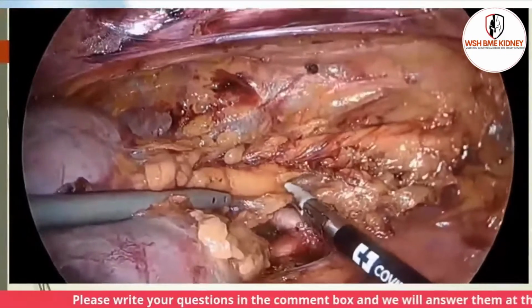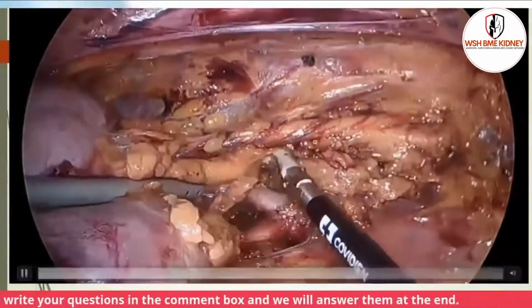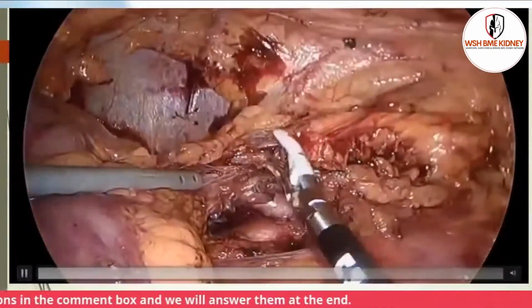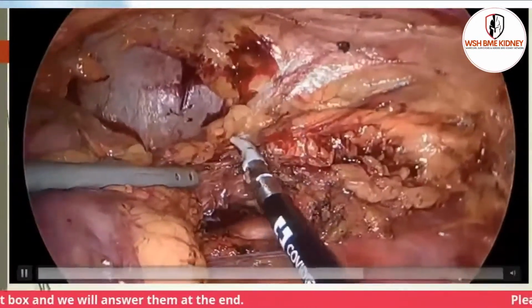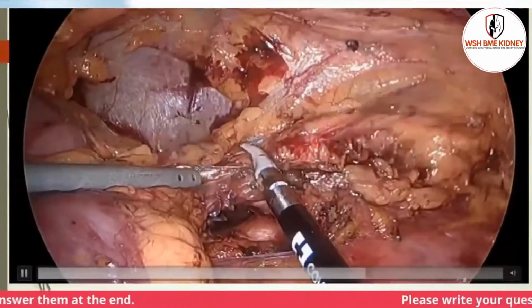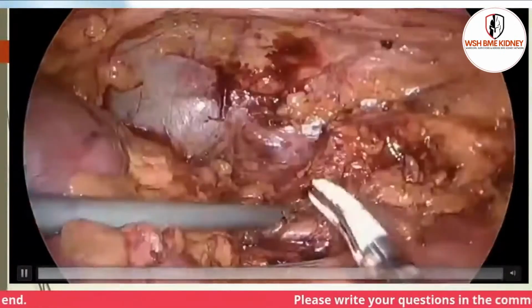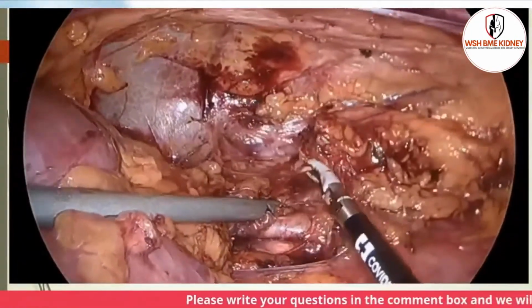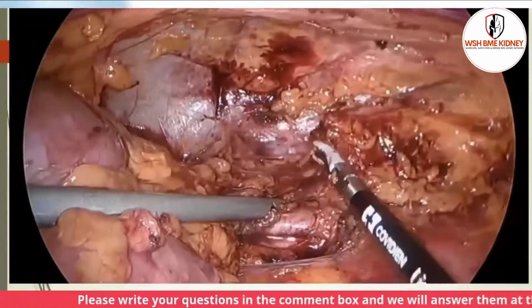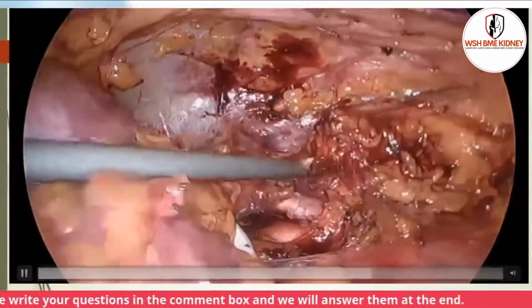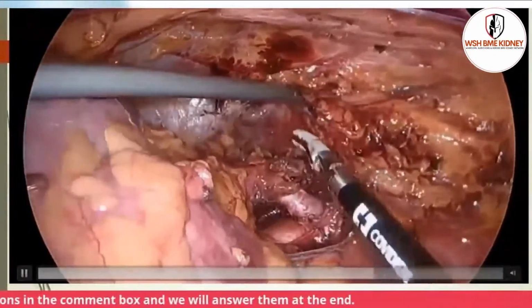The adrenal gland is located right at the top of the kidney, somewhere here. So he's going to stay away from the adrenal gland. Very soon, we are going to see the adrenal vein. That's the adrenal vein, which he is going to divide, because the kidney is also attached to the adrenal vein.